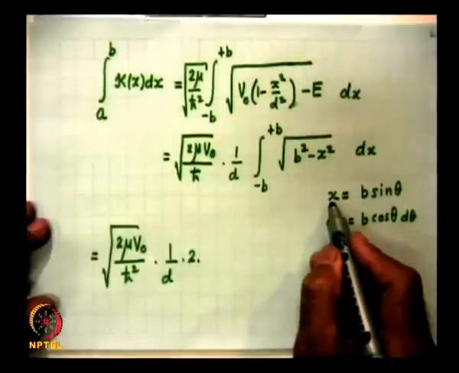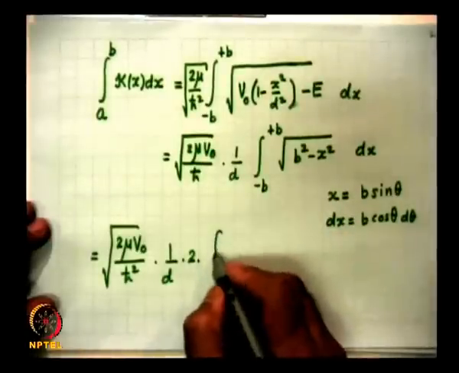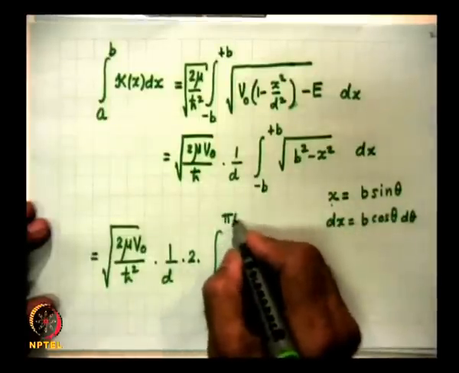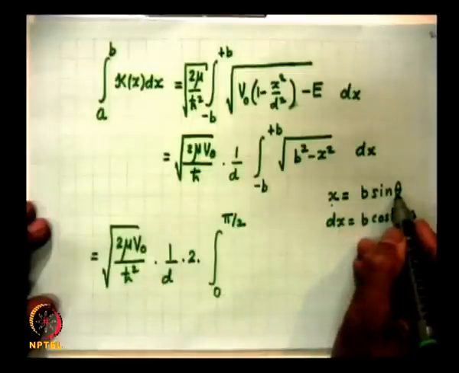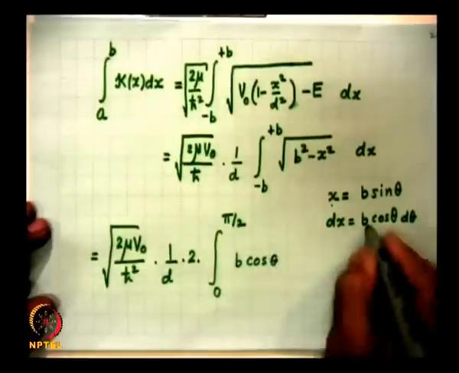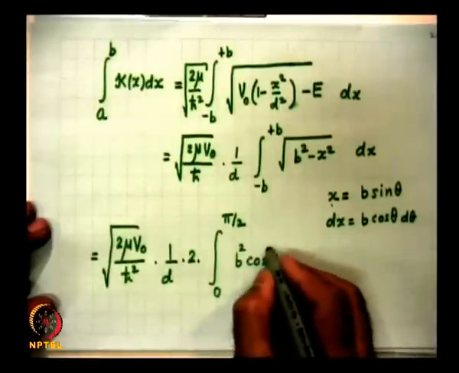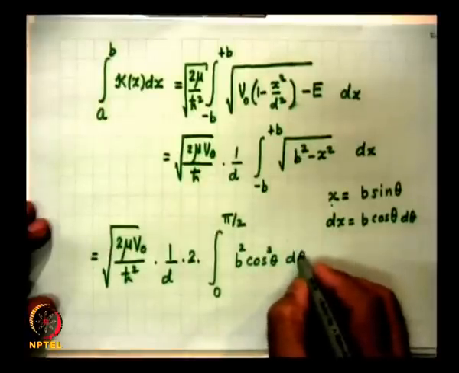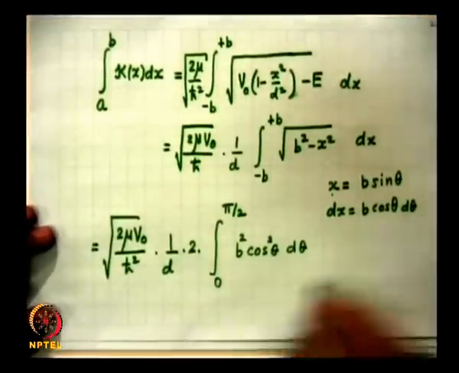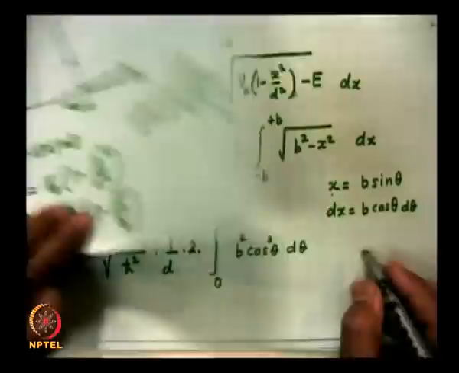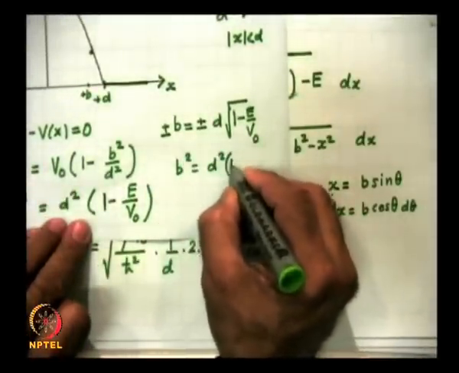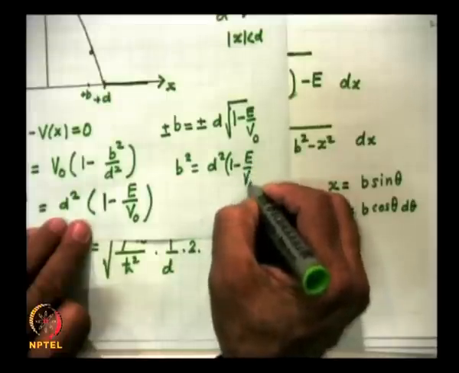When x is 0, then theta is 0, and when x is b, then theta is pi by 2. So, b square minus b square sin square theta under the root is b cos theta, and times b cos theta. So, this is b square cos square theta d theta. The integral is really trivial. We have already shown before that b square was equal to d square into 1 minus E by V 0.